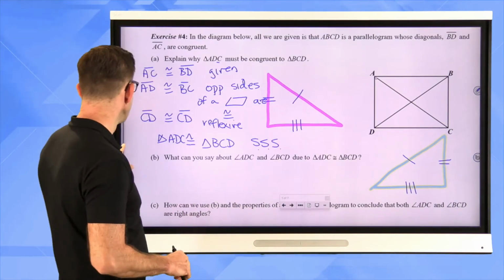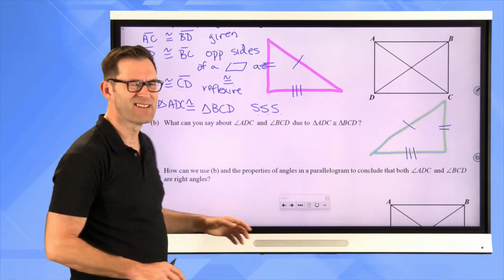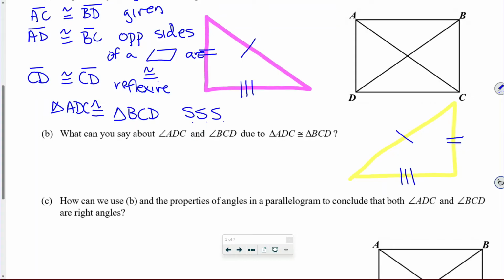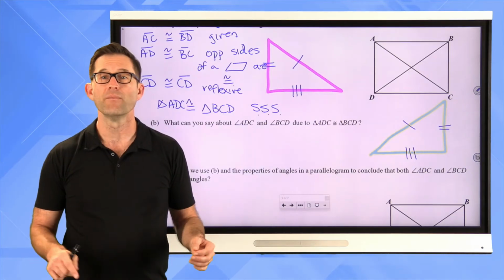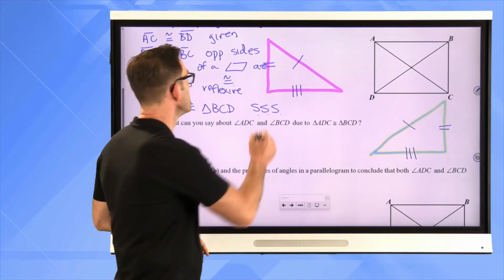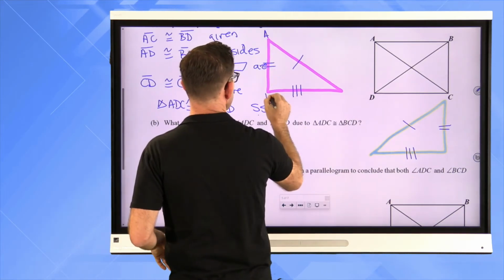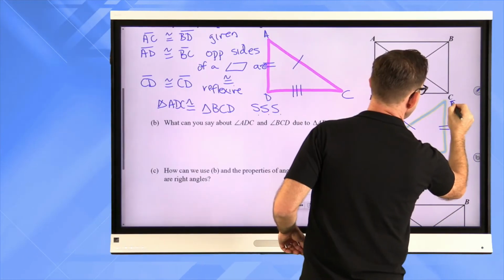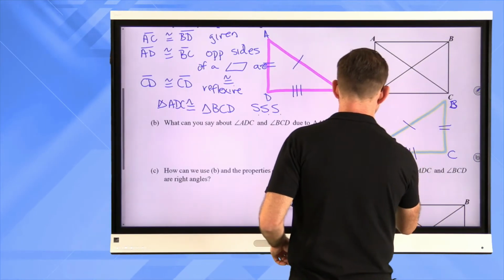Okay. But, how does that tell me we've got a rectangle? Well, let's take a look at letter B. What can you say about angle ADC and angle BCD due to triangle ADC and BCD being congruent? Well, again, keep in mind that, let me label these. Here's ADC, and here's BCD.